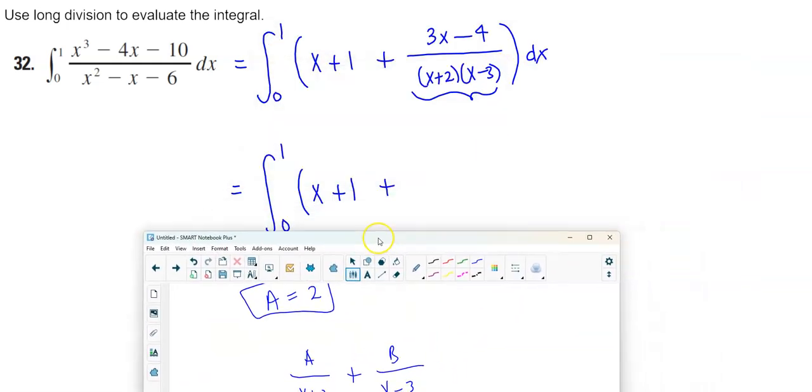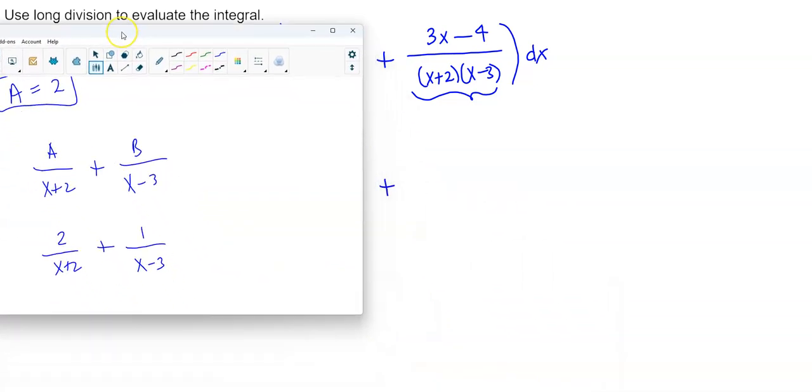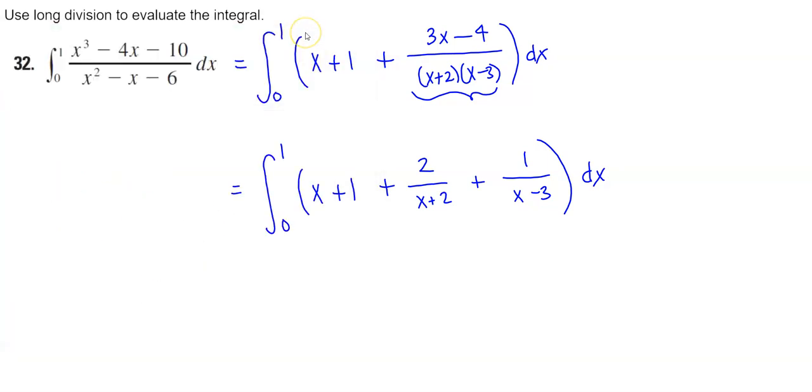So now we're going to rewrite that over here. So that means we're going to get plus 2 over x plus 2 plus 1 over x minus 3, and that whole thing is dx.